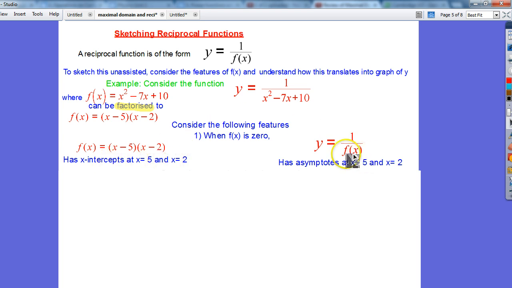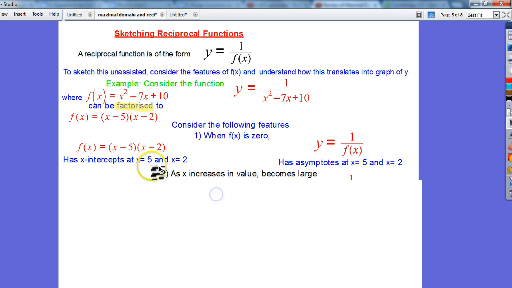But for the reciprocal function, it's not x-axis intercepts but asymptotes. We've got asymptotic behavior at x equals 5 and at x equals 2. So that means the x-axis intercepts of the f function translate to asymptotes in the reciprocal function.